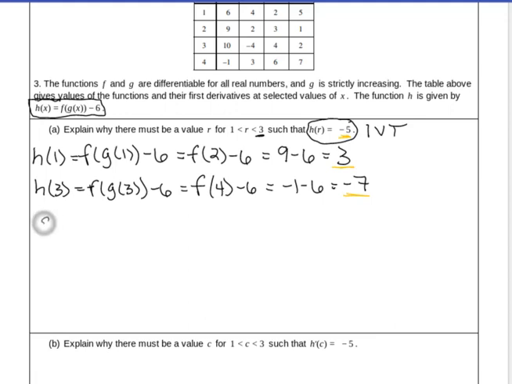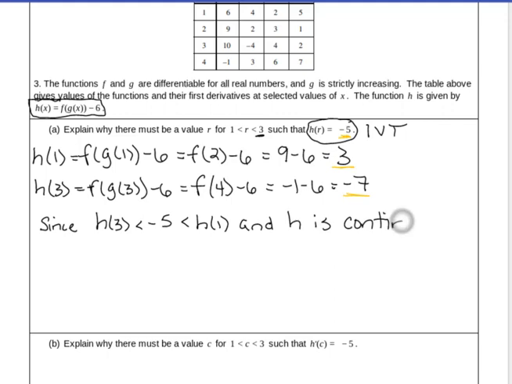So IVT guarantees that value for us. So since h of 3 is less than negative 5, which is less than h of 1, and h is continuous, by IVT, so the intermediate value theorem, those are the two conditions, right?